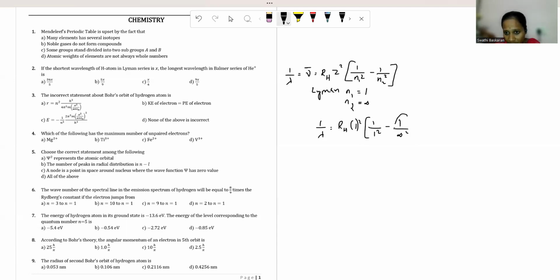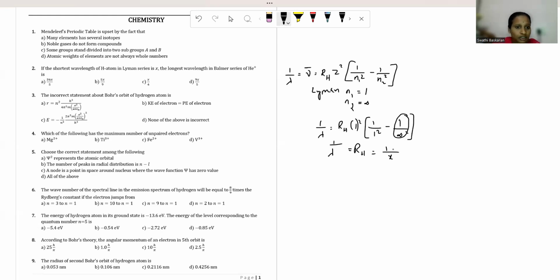So this entire term will become equal to 0, and hence 1 by lambda is equal to RH, right? But in the question, they have given the shortest wavelength to be X. So 1 by lambda can be written as 1 by X, which is equal to RH.